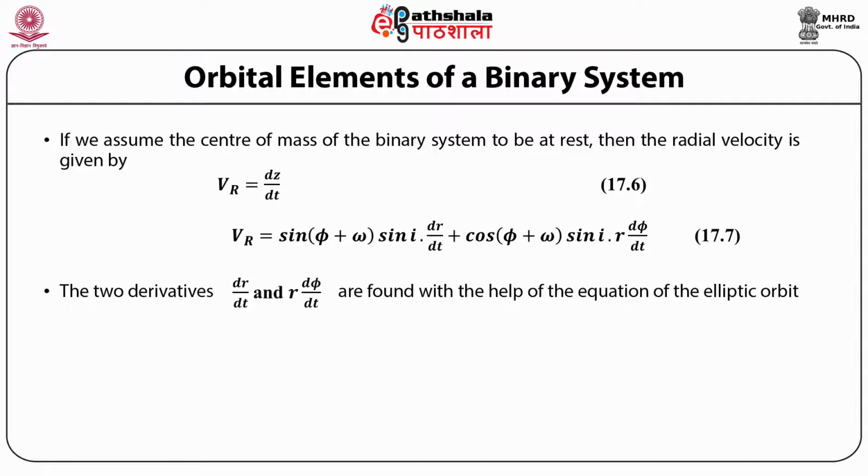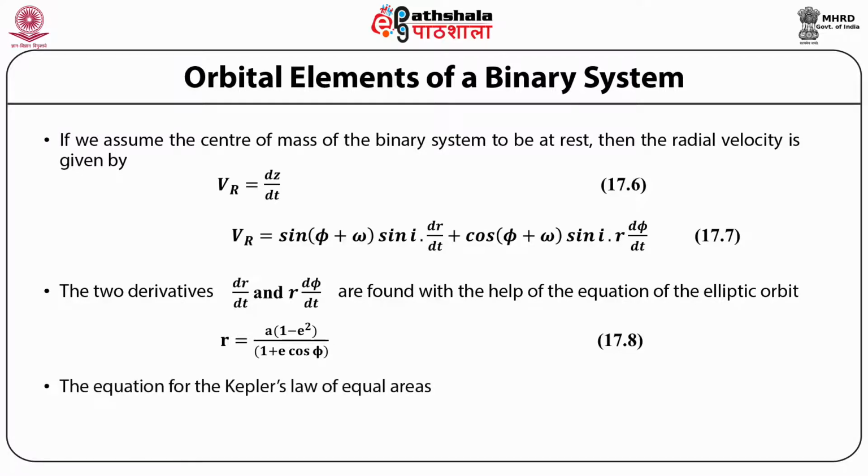The two derivatives dr by dt and r dphi by dt are found with the help of the equation of the elliptic orbit, that is r equal to a multiplied by (1 minus e squared) divided by (1 plus e cos phi), and the equation for Kepler's law of equal areas, that is dphi by dt equal to 2 pi a squared by P r squared multiplied by root of 1 minus e squared.